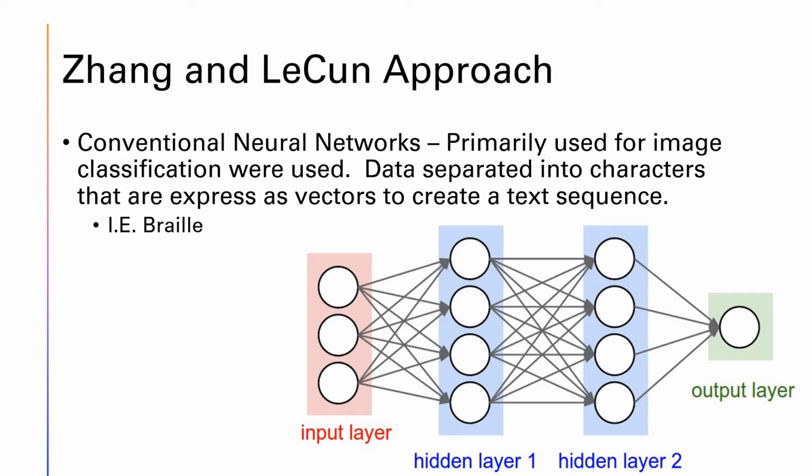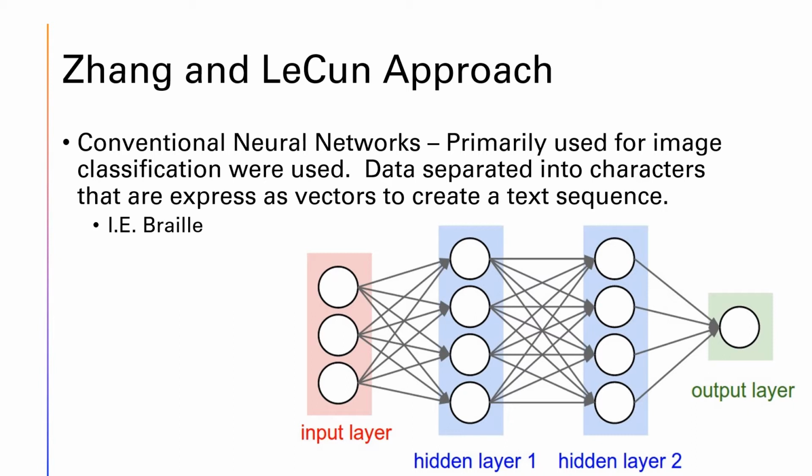But this enabled them to train a deep convolutional neural network for text classification tasks involving high level concepts. Their data representation employed one-of-M encoding, where each character is represented by a vector of size M, and we know M is the size of our alphabet space, or the characters in our alphabet.